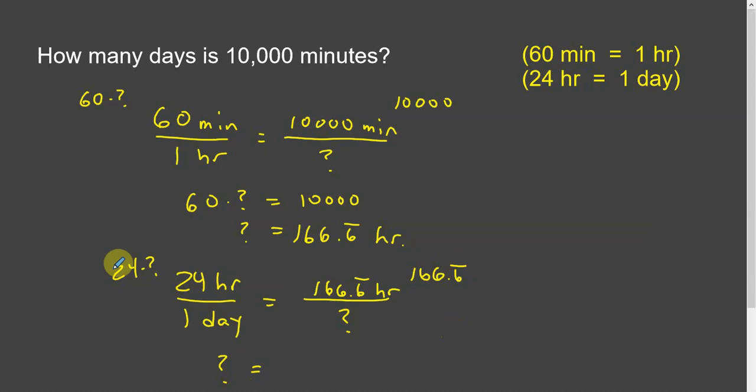So we divide, right? Divide by 24, and we get 6.94, and the 4 is repeating actually. Not a big deal. If you just want to round it, call it 6.94, that's fine. But that's days then. So 10,000 minutes is a little bit less than 7 days. Okay.